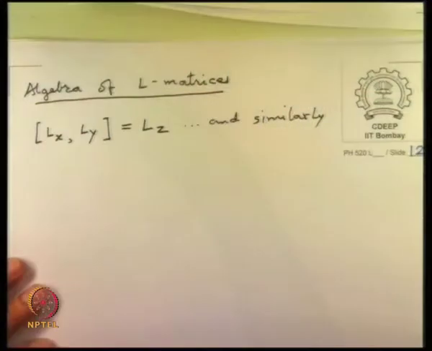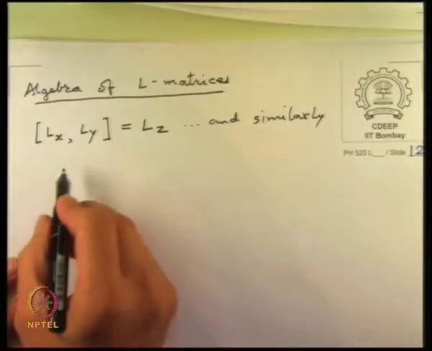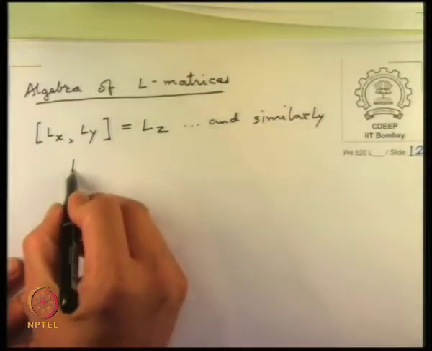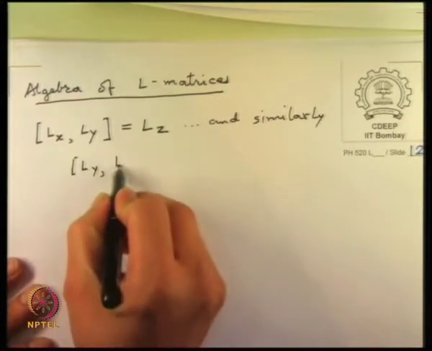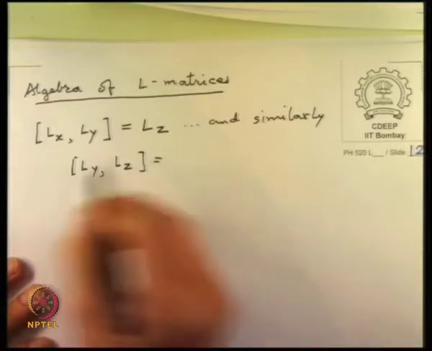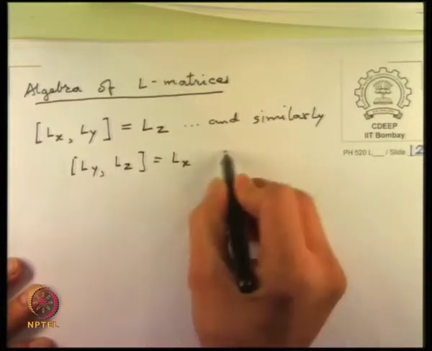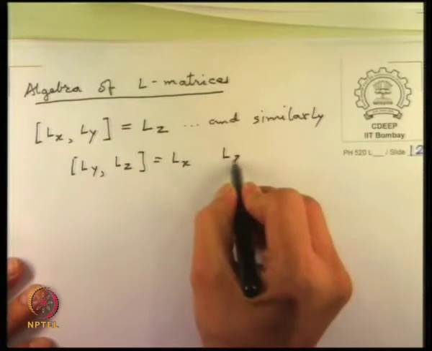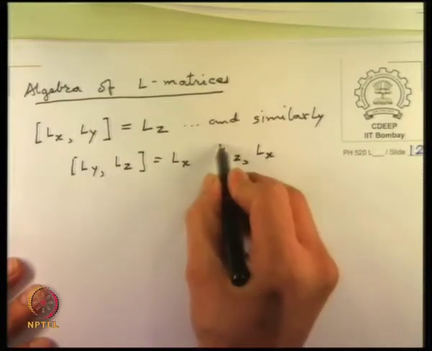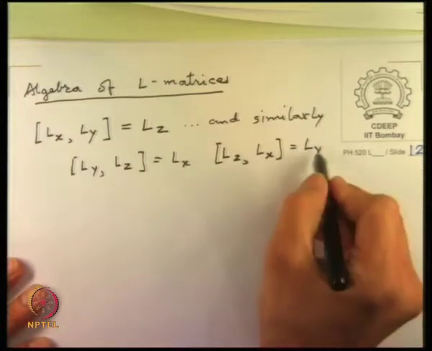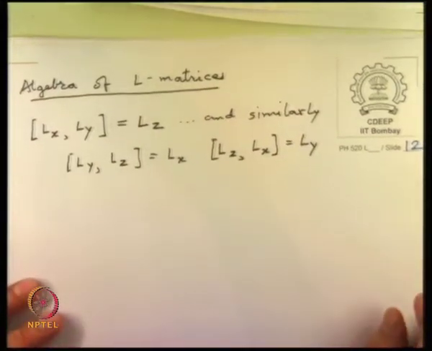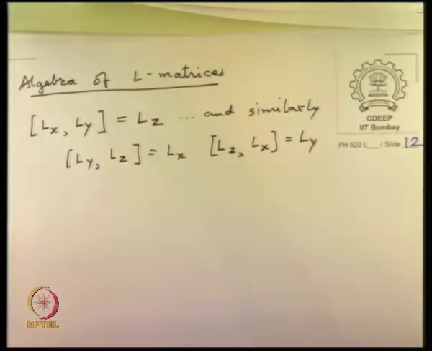We'll quickly see the analogy to the quantum mechanical L, which is R cross P. So similarly, we have the commutator of Ly, Lz equal to x, and Zx commutator equal to y. Turns out that this commutator algebra is what is going to save our day.